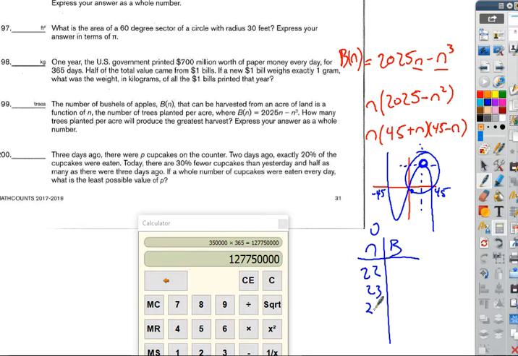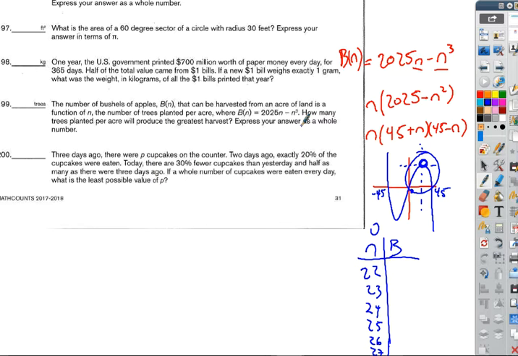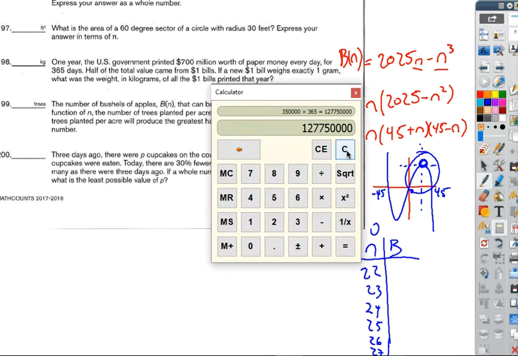And we're going to continually plug in these numbers until the number of bushels starts to decrease. So here we go. Let's go 22.